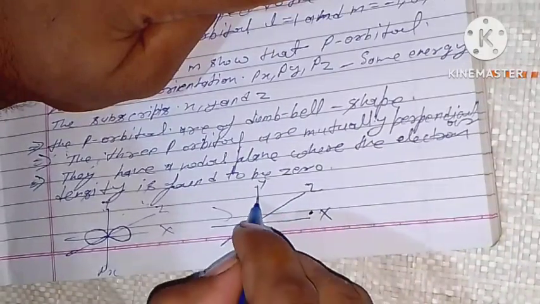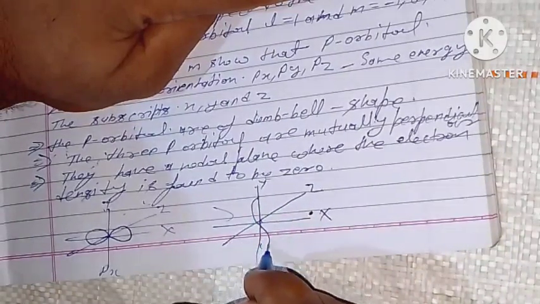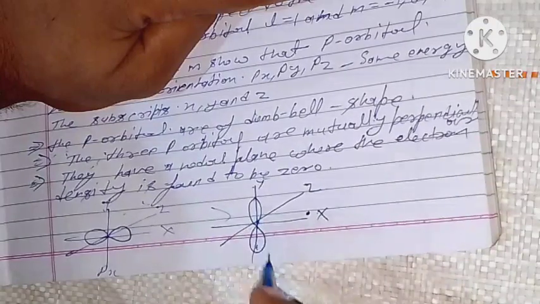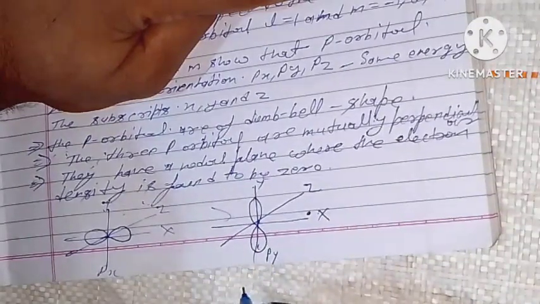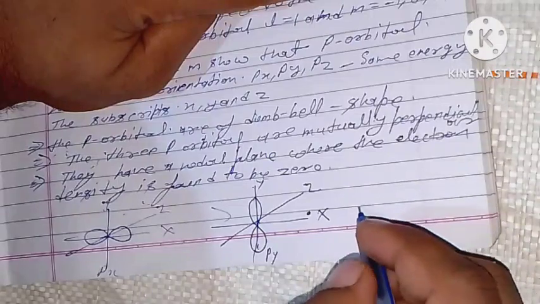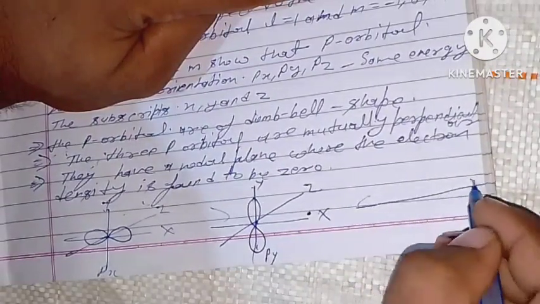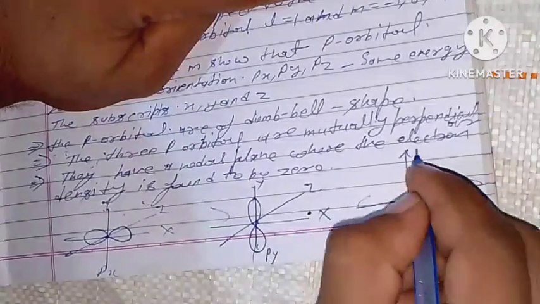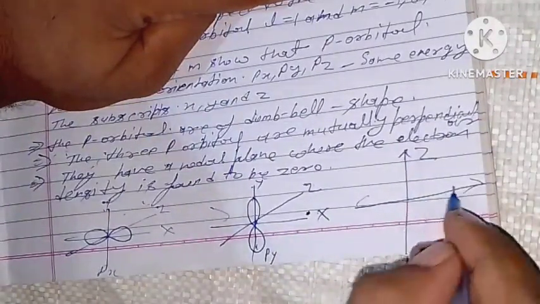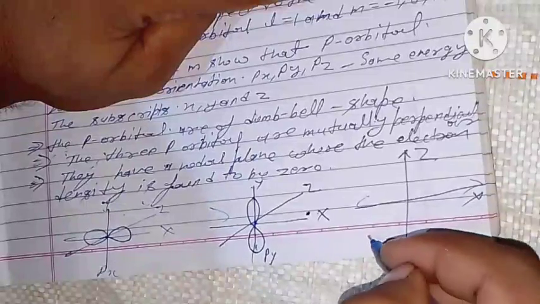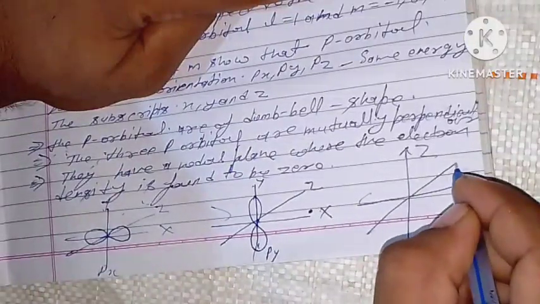Then this is the py orbital, and the shape of the pz orbital is this: this is the z-axis, this is the x-axis and this is the y-axis.